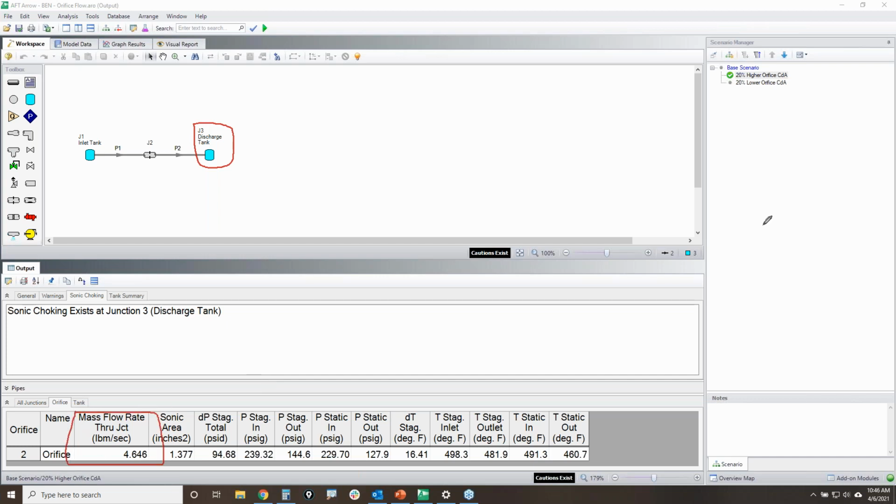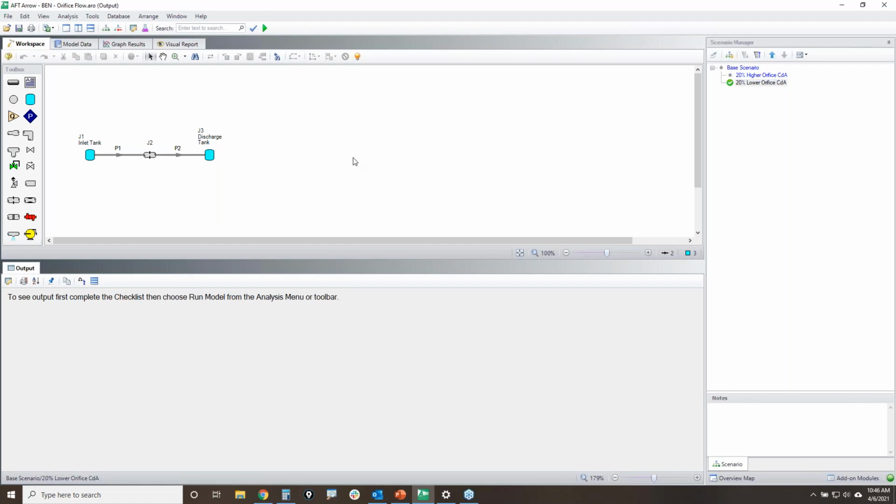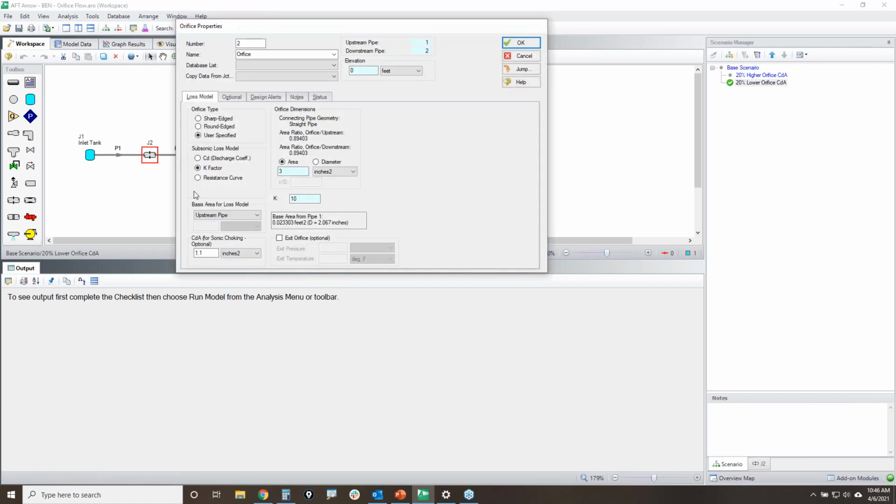However, if the flow area is smaller than your sonic area, then you will have sonic choking. So here, if I load this particular scenario, this CDA value is basically 1.377 square inches times 0.8, or 80%.